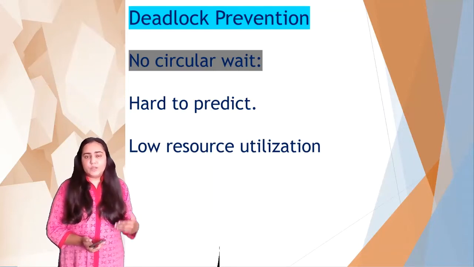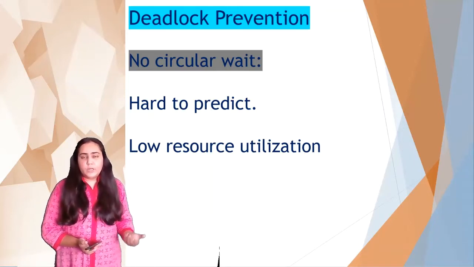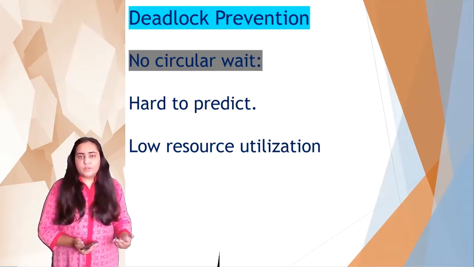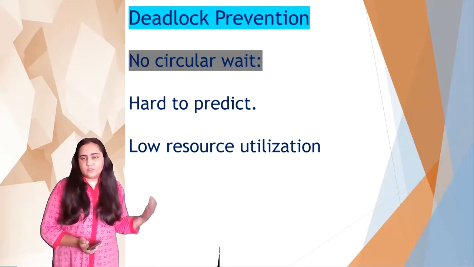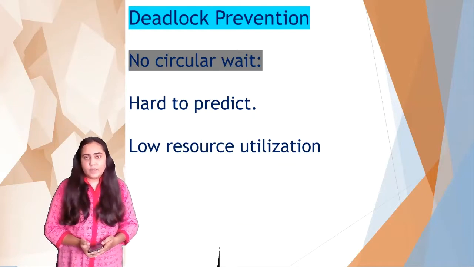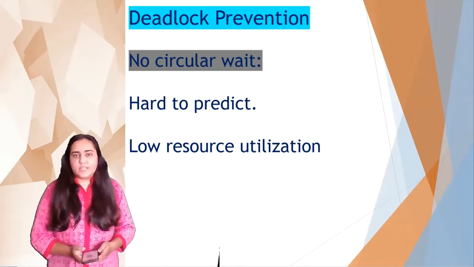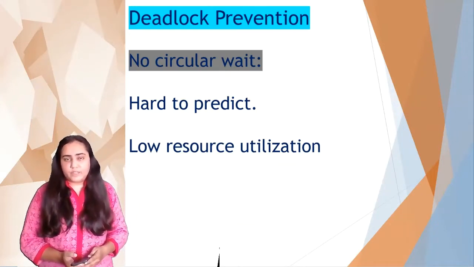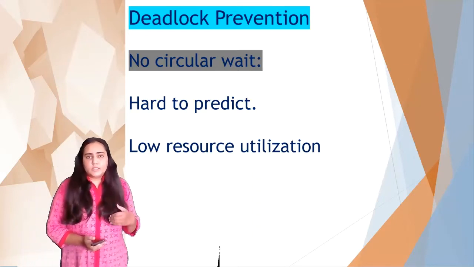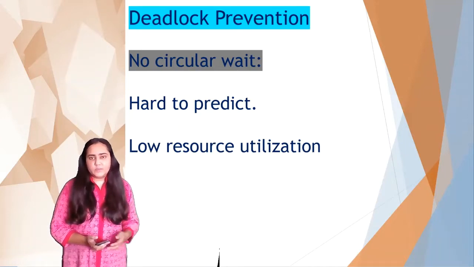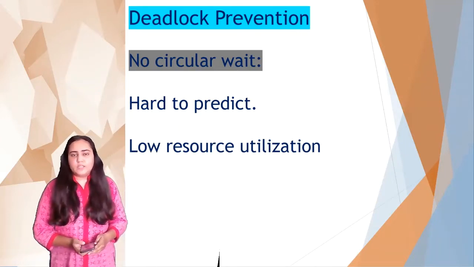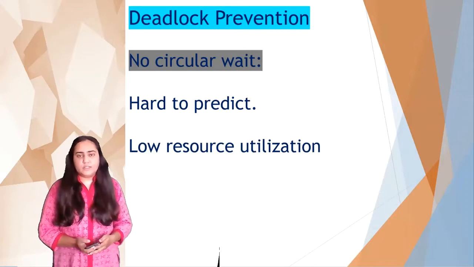This leads to low resource utilization because no other transaction will be able to access data item D while this transaction is holding it. So that is the first technique of deadlock prevention. It can be employed if you are able to predict which data items are needed, but obviously the resource utilization will be low.